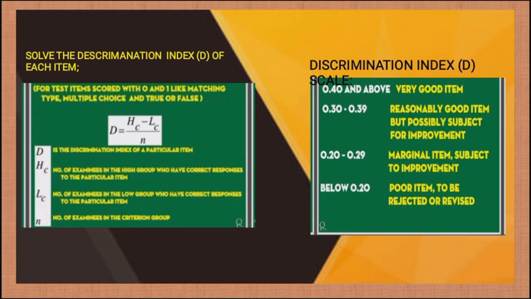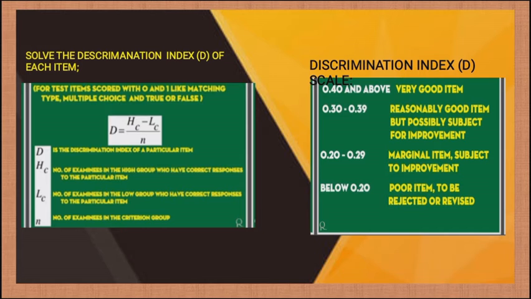And for me to understand it easier, I would translate all the indications in the index scale, convert it to percentage. So, for example, if 40% of the students answered the items correctly, then the item is considered to be a very good item. If only 30 to 39% of the students got the item correctly, this is a reasonably good item, but possibly subject for improvement.